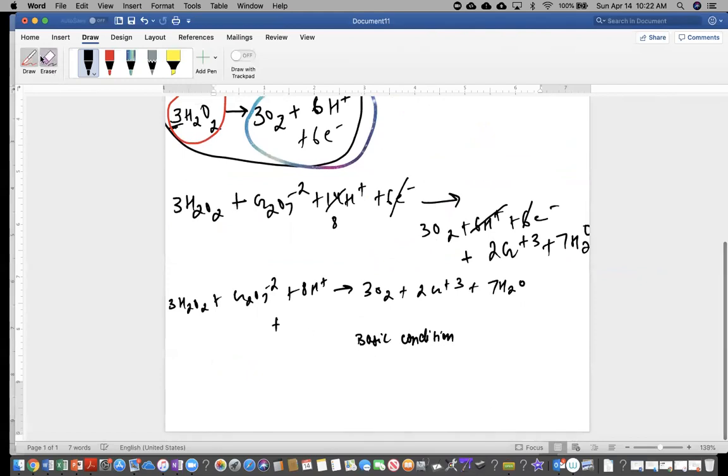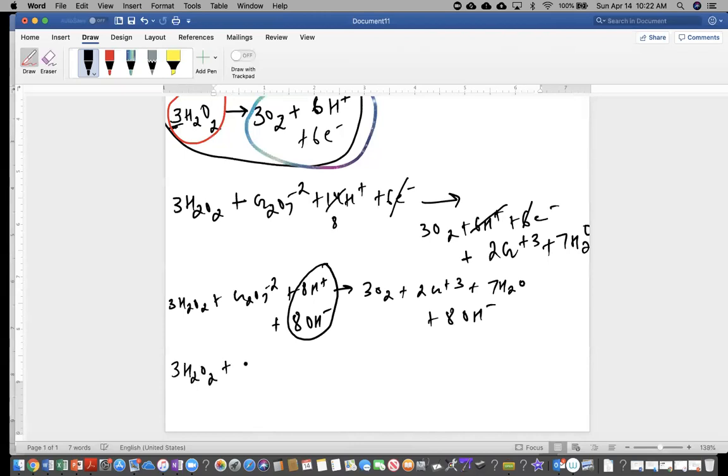Basically it's two more steps, but you have to add 8 OH minus on both sides. And then you can see that this 8 H plus and 8 OH minus is going to make water. So if I rewrite this, this is actually 8 H2O.